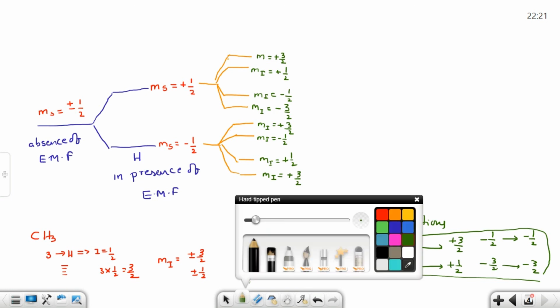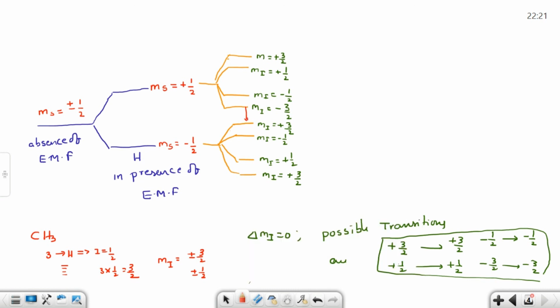Here you see the transitions: minus 3 by 2 to minus 3 by 2, minus 1 by 2 to minus 1 by 2, plus 1 by 2 to plus 1 by 2, and the last one plus 3 by 2 to plus 3 by 2.